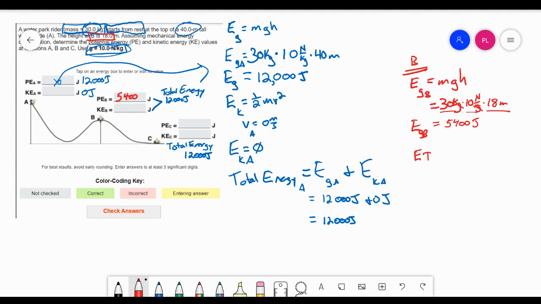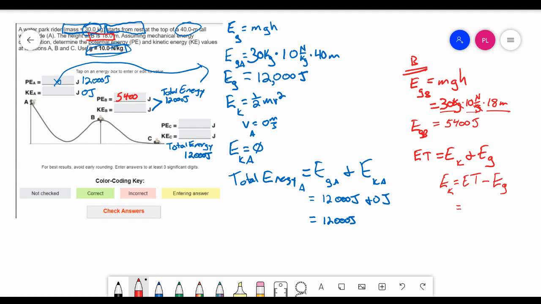I'm going to say ET for energy total equals EK plus EG. So EK is what we're trying to find. So that means I want to get EG out of this side and to the other. So I can say kinetic energy is energy total minus the gravitational energy.